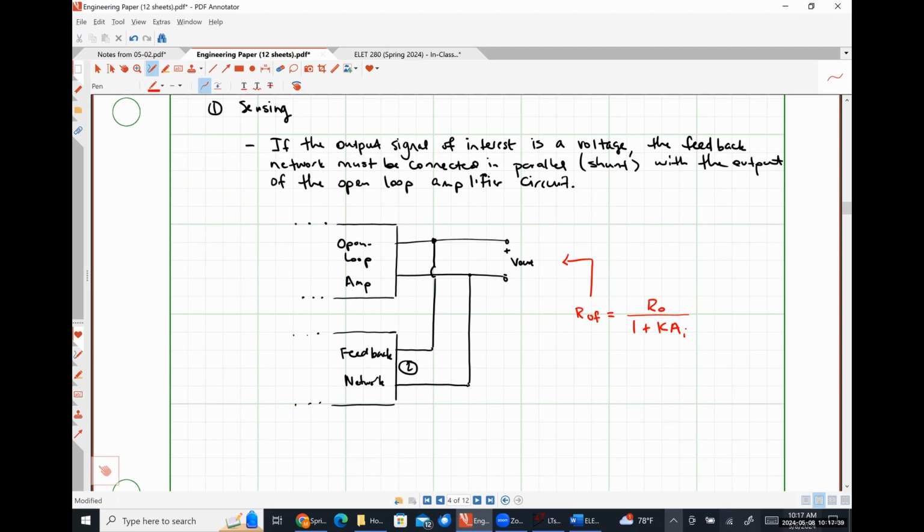So effectively, placing this feedback network in parallel lowers the output resistance by a factor of 1 plus KA.